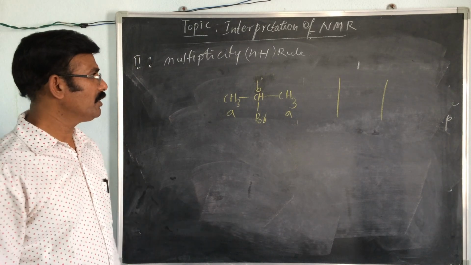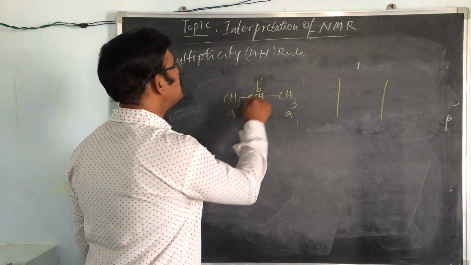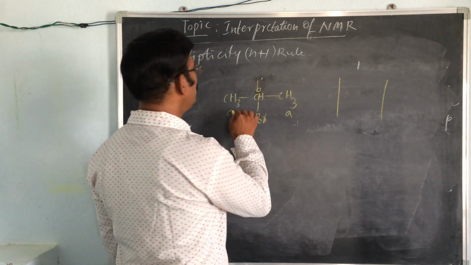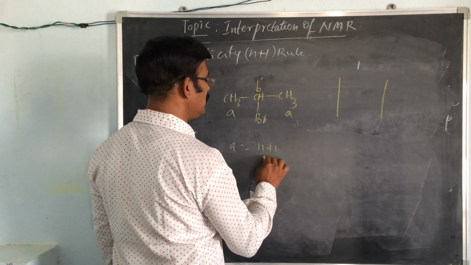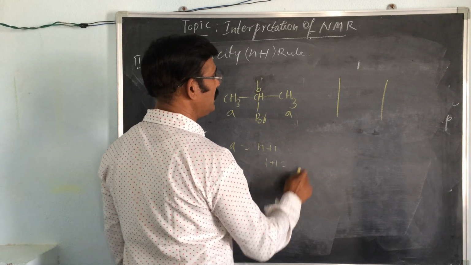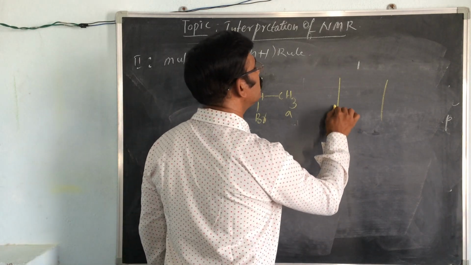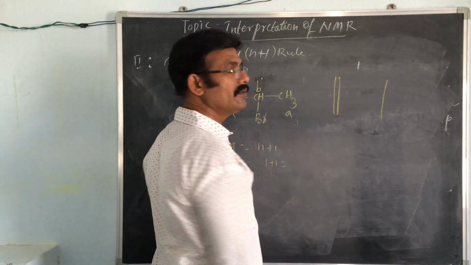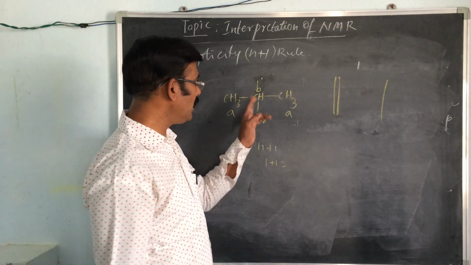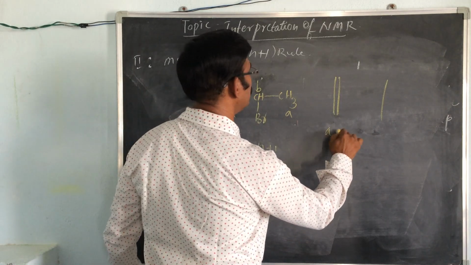Okay, 2 peaks will come. What is the multiplicity? A has a neighboring group of 1. So A is the n plus 1 rule, 1 plus 1 is equal to doublet. So doublet. Okay, A is equal to doublet.